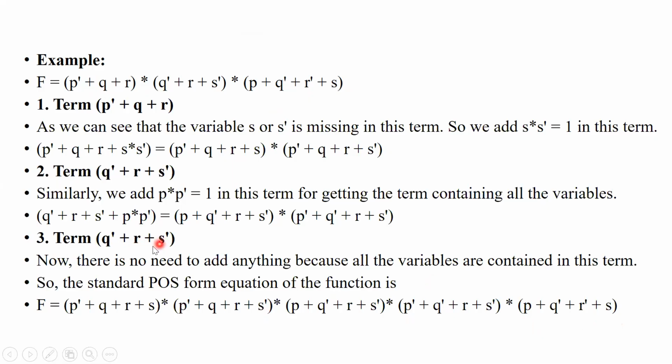Here one term is missing. Here there is no need to add anything because all the variables contained in this term are present. Okay, so this completes your min term, max term.